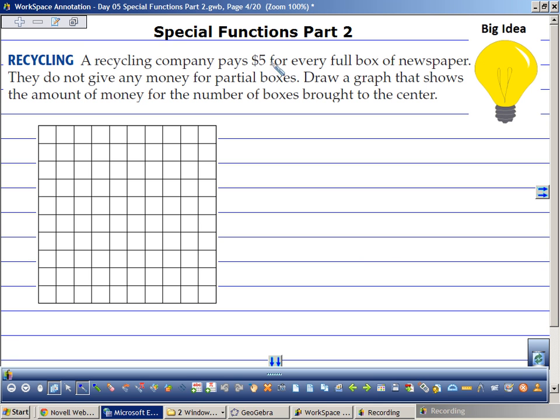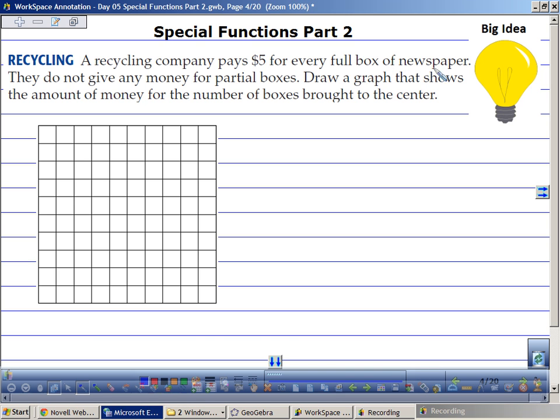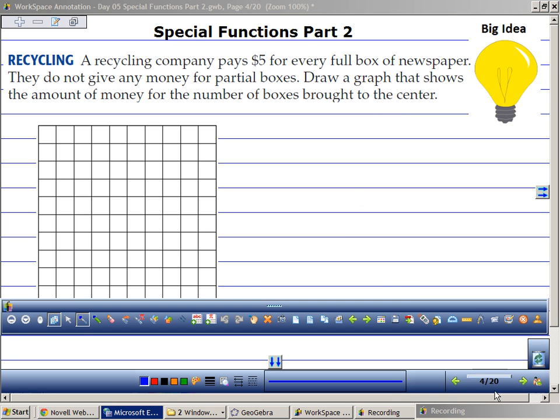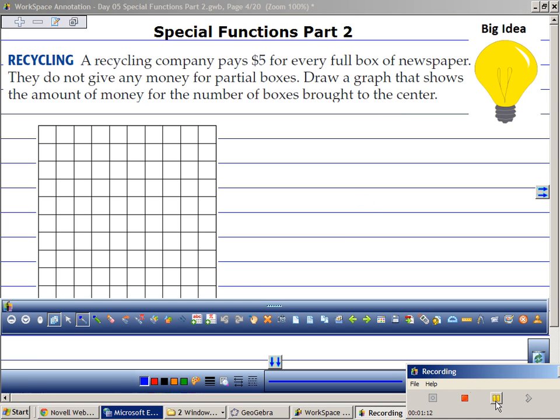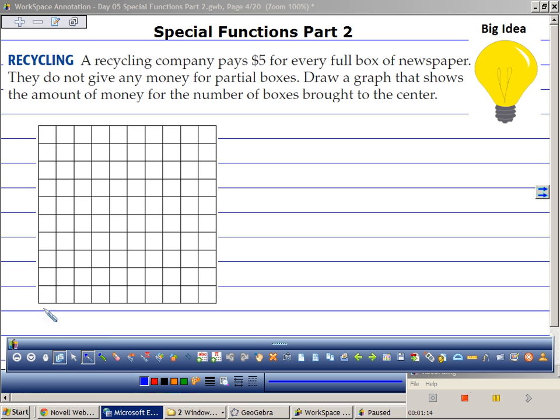A recycling company pays $5 for every full box of newspaper. They do not give any money for partial boxes. Draw a graph that shows the amount of money for the number of boxes brought to the center. Alright, so I'm going to label our axes.